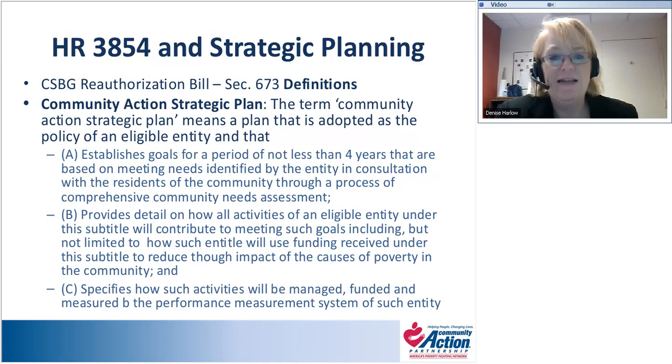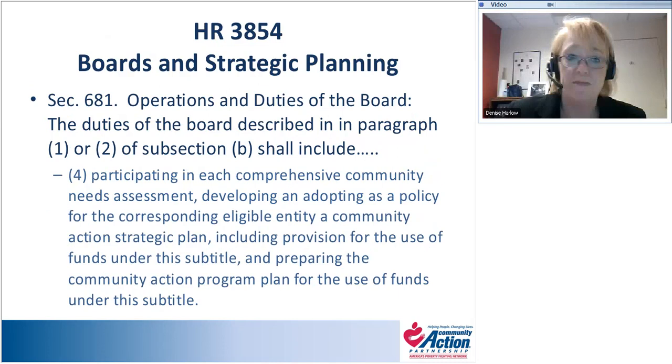But again, it provides detail on how all activities of a CAP agency will contribute to meeting those goals. So this statement is making sure that your strategic plan is very broad in scope for your organization. So keeping that in mind as well. And it specifies how your activities will be managed, funded, and measured by your performance management system.